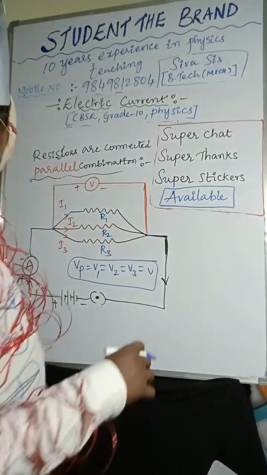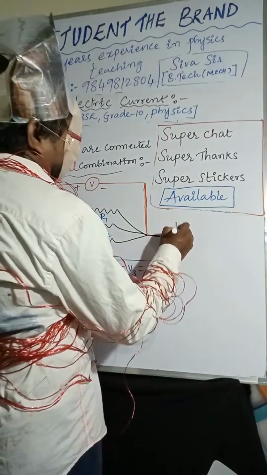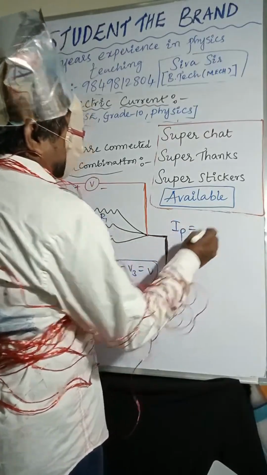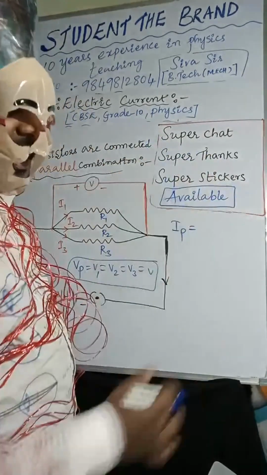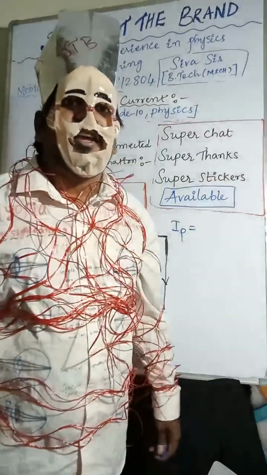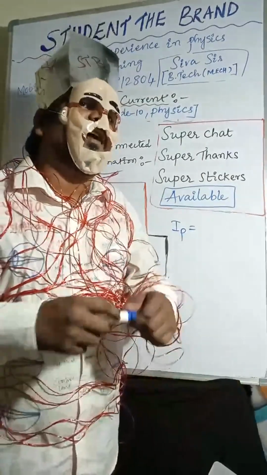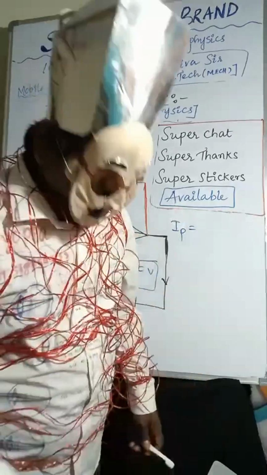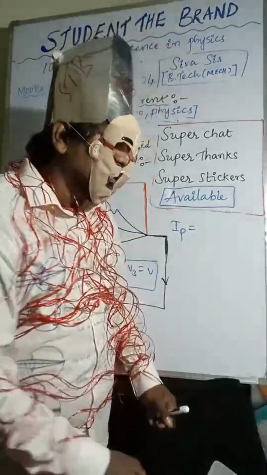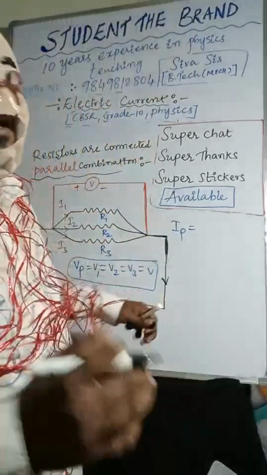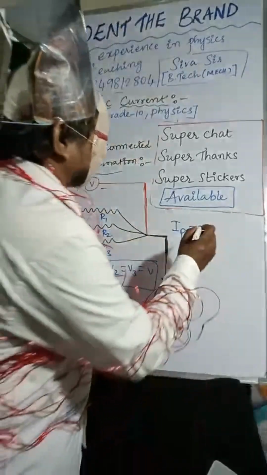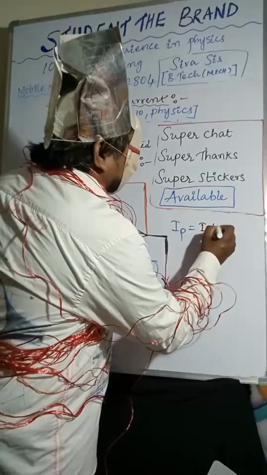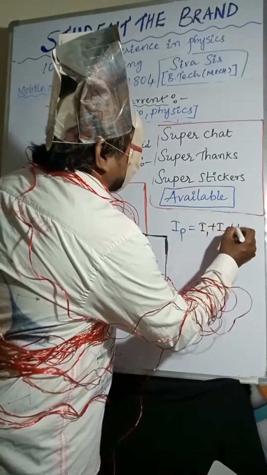Now I'm taking current in parallel combination. Ip equal to I1 plus I2 plus I3.